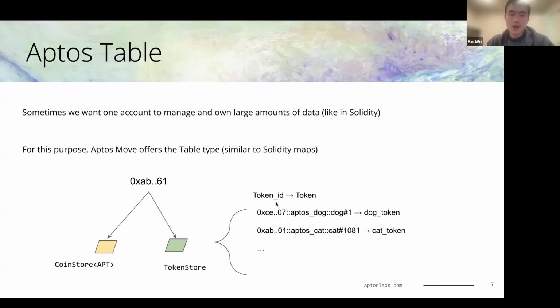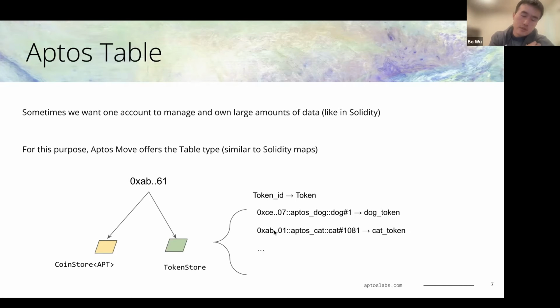Because one can have thousands or tens of thousands of tokens in that token store, we use this table data structure. One thing to pay attention to is that in this table, each key-value pair is its own resource, so you can read and write these different entries separately.